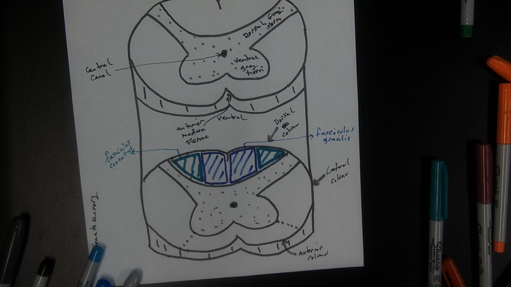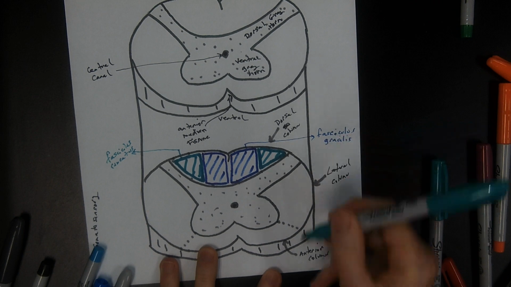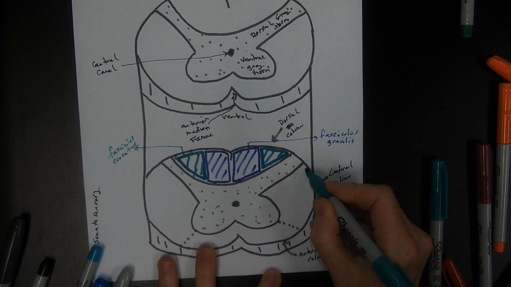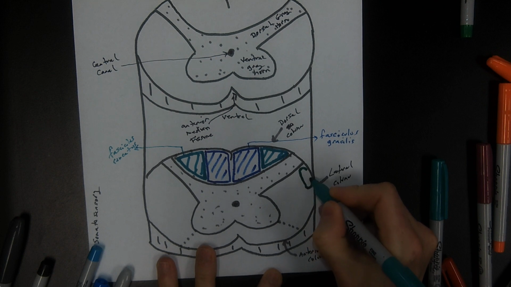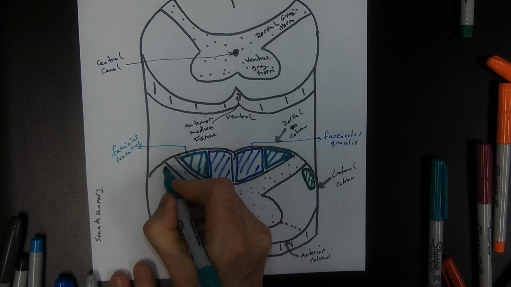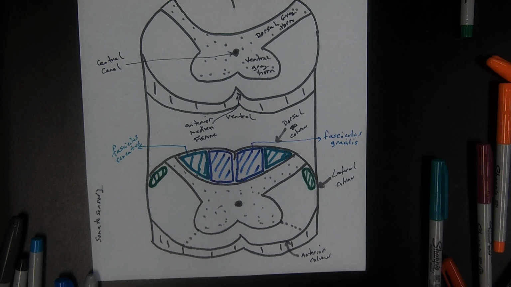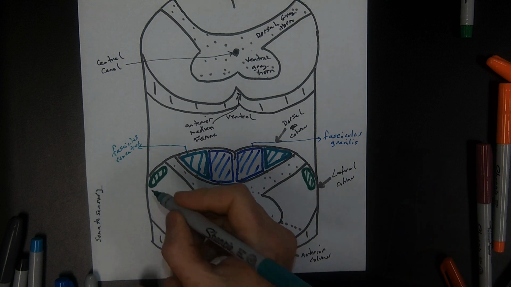Thinking about the other white matter tracts we're going to talk about in somatosensory, you're going to have a pair. Just below the dorsal gray horn here, you're going to have another one here on this side, and a corresponding one here on that side.